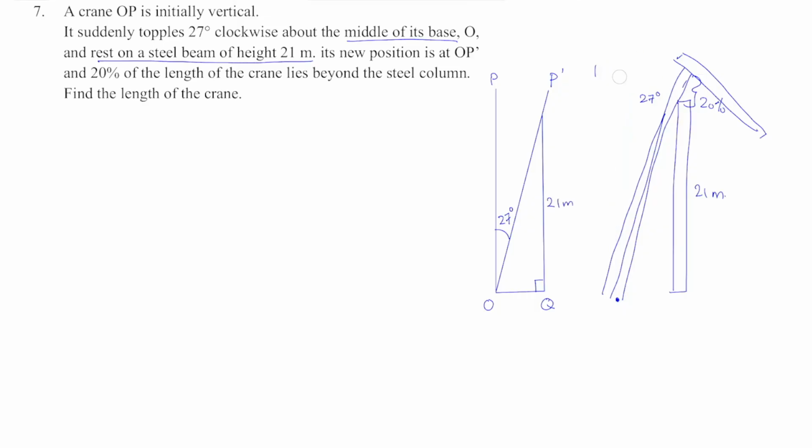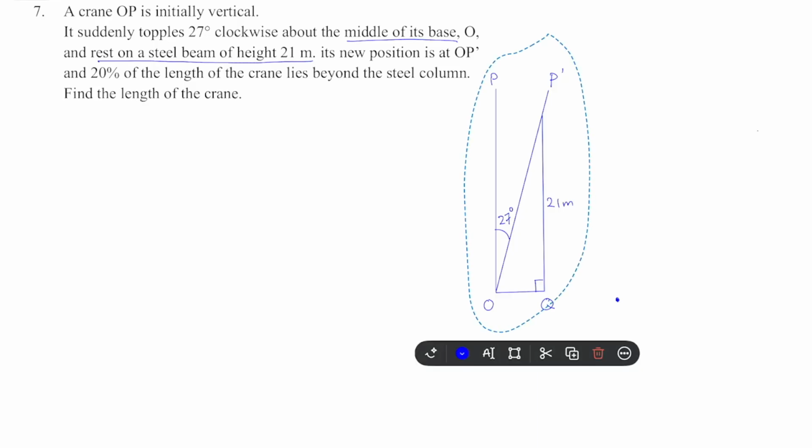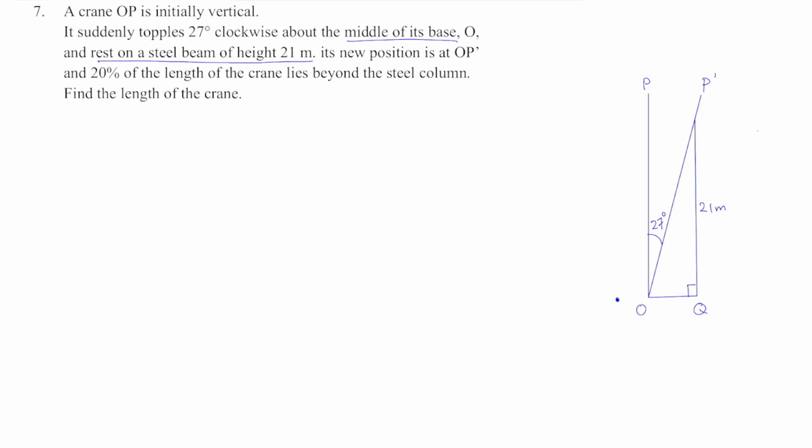So now we have our new diagram. I don't need this O1, and let me move this so that we have a bit more space. Now let's take a look at this question again.